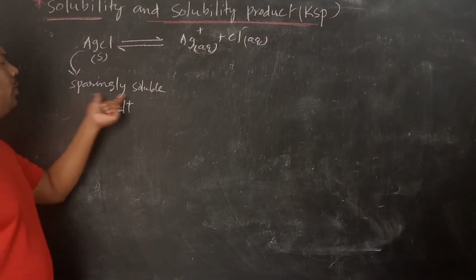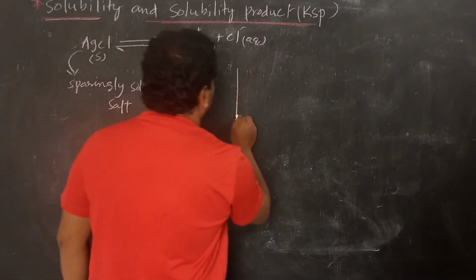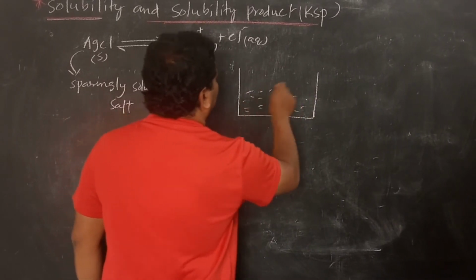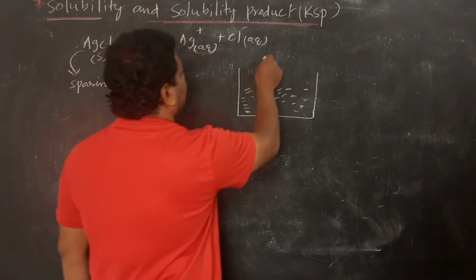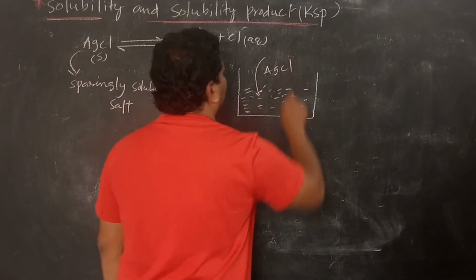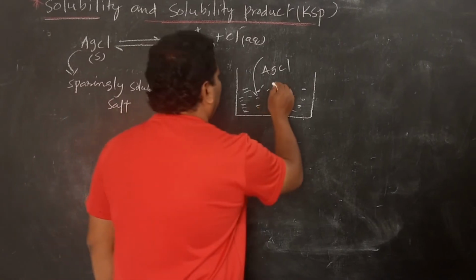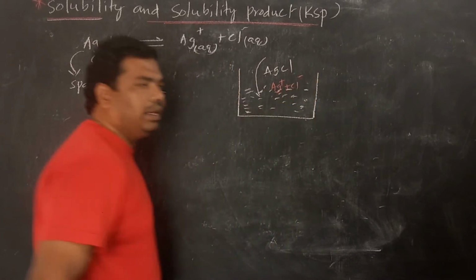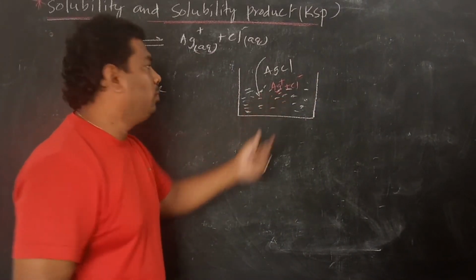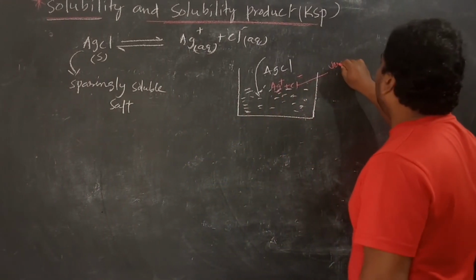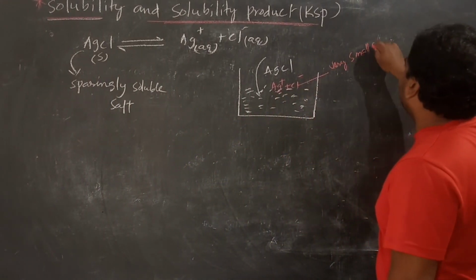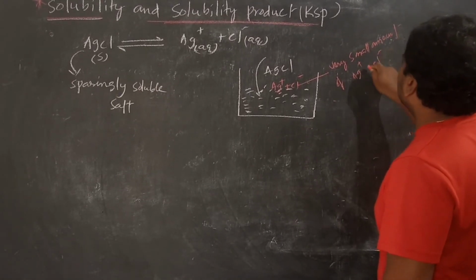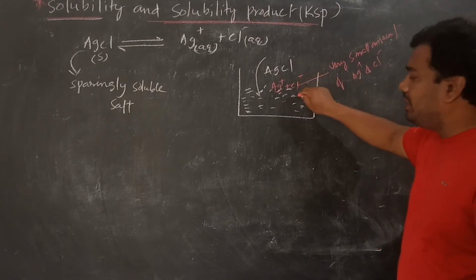When these sparingly soluble salts are present in the solvent, for example, if we add silver chloride to a solvent, only a very small amount of Ag plus and Cl minus ions will be present in the solution.